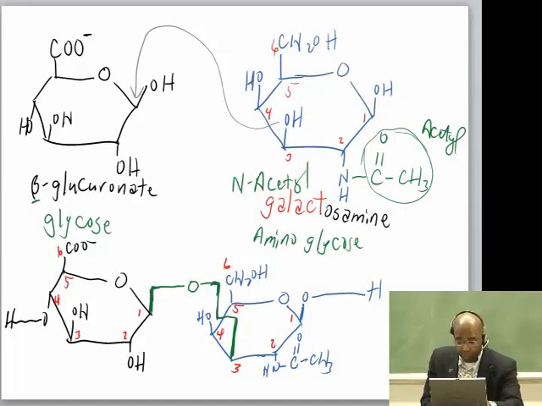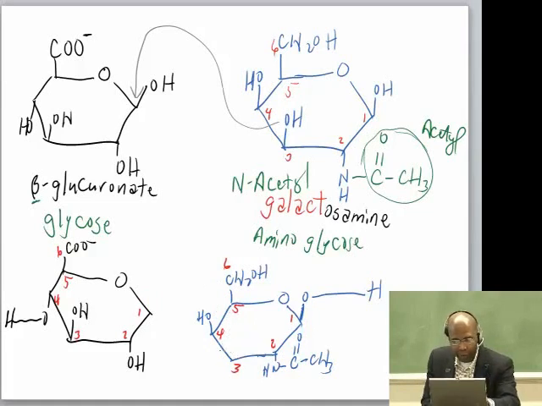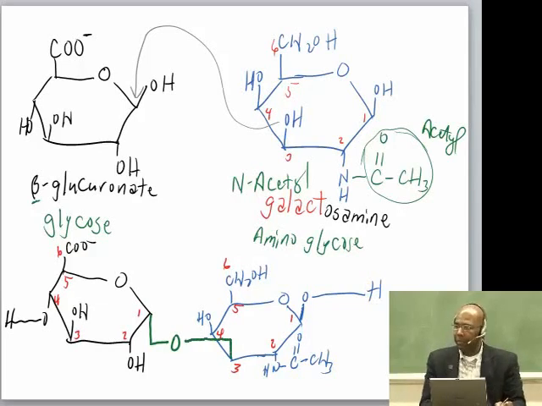Right. If we wanted this to be alpha, then this bond would have to go, I'm just going to erase this for just a second to show you this. If we wanted to make an alpha linkage, we'd have to go down here. This would go down, and this one needs to go up. And so we just need to connect them some kind of way.